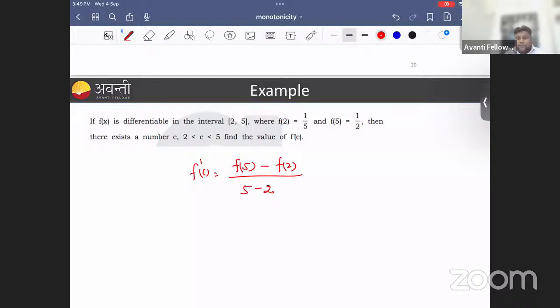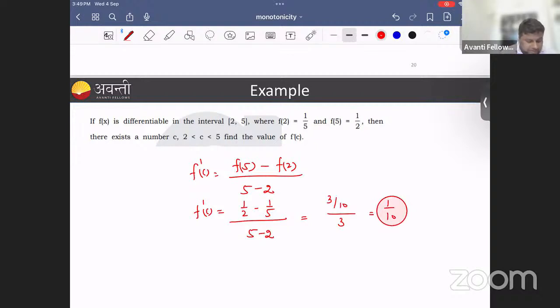So this f dash c is going to be f of 5, which is 1 by 2, minus f of 2, which is 1 by 5, upon 5 minus 2. So it is 3 by 10 upon 3. So the answer is going to be 1 by 10. So there exists at least one c in this interval where f dash c is going to be 1 upon 10. Clear?